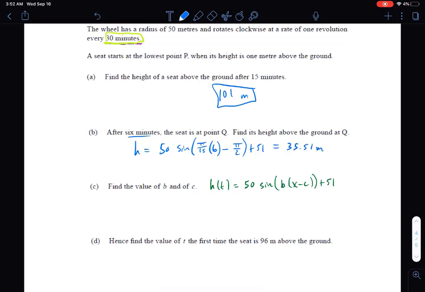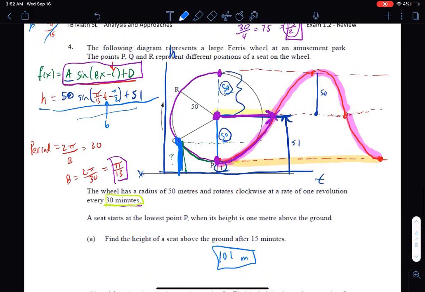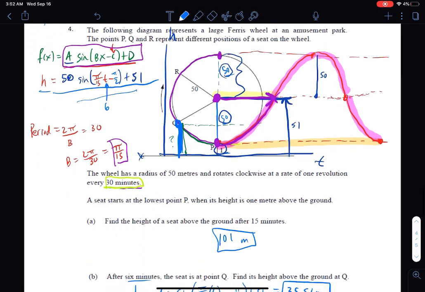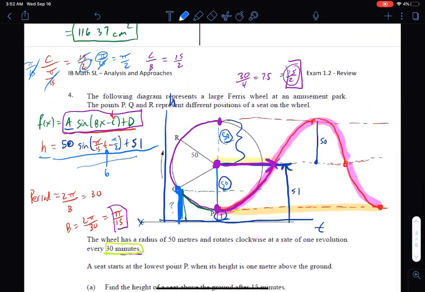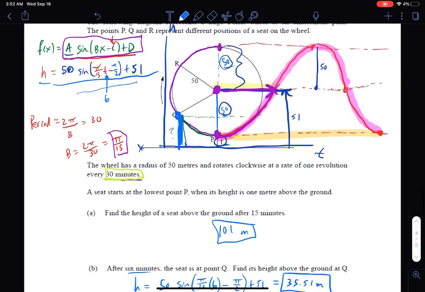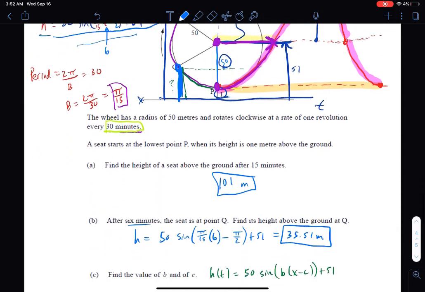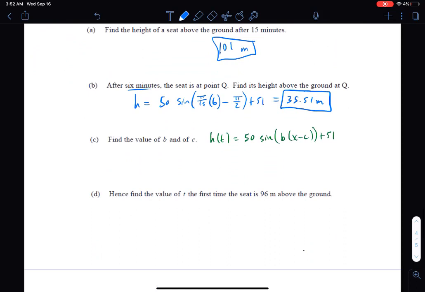Okay, and this will be in meters. So here's what I'll tell you. If they don't tell you if it's in degrees or radians, assume it's in radians, okay? Because they don't tell you here, right? But I want you to assume it's in radians unless they say somewhere or show you somewhere, give you some indication it's in degrees. All right, just food for thought.